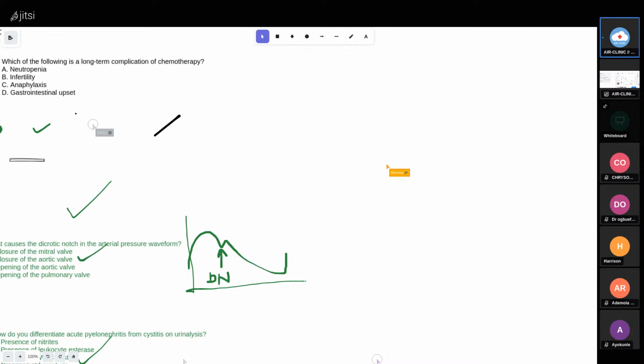So somewhere here, let me just mark it with X. Let me use another color, say blue. Mark it with X. Maybe it's somewhere here. That's the SA node.